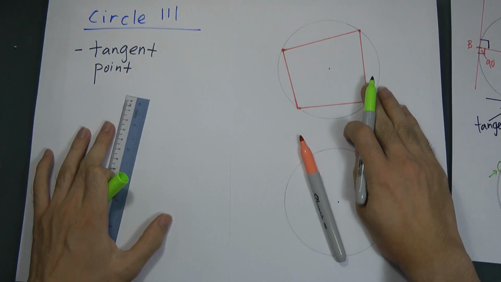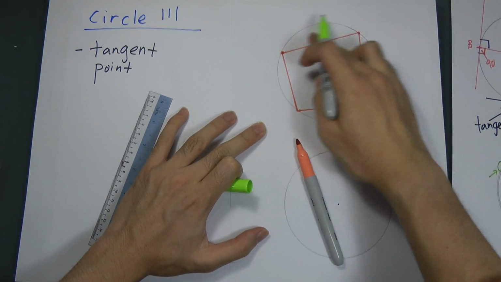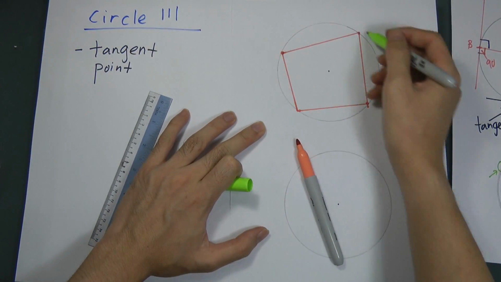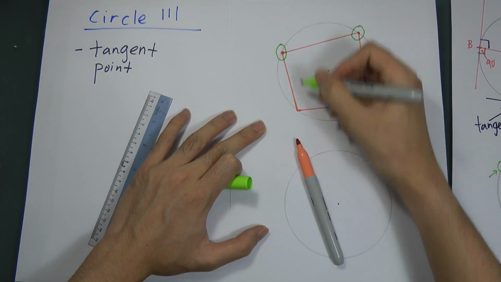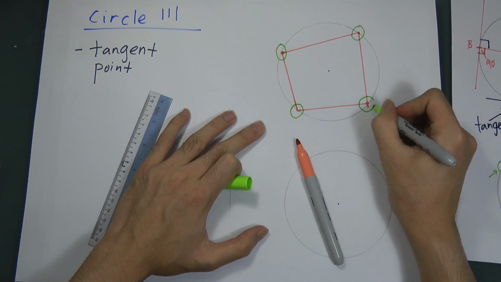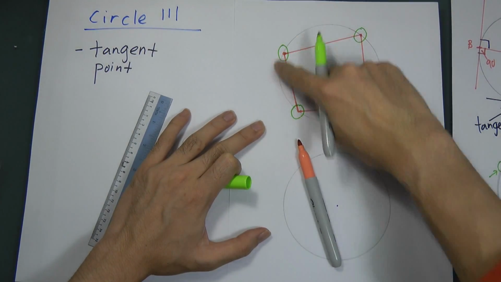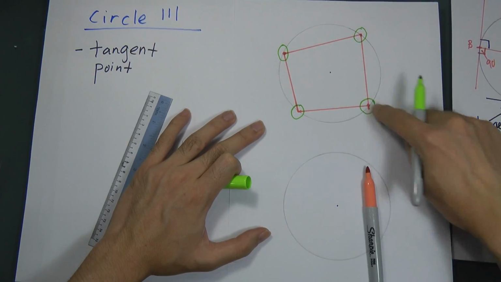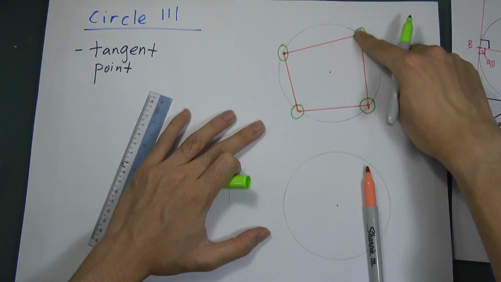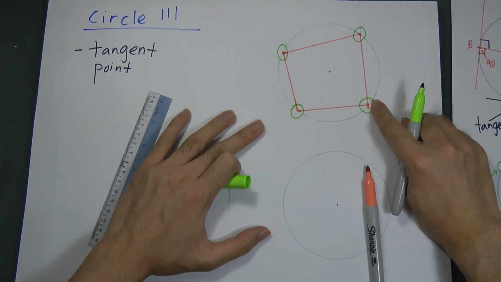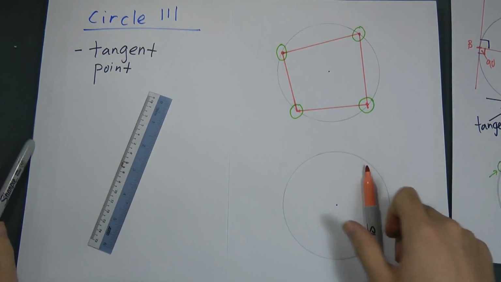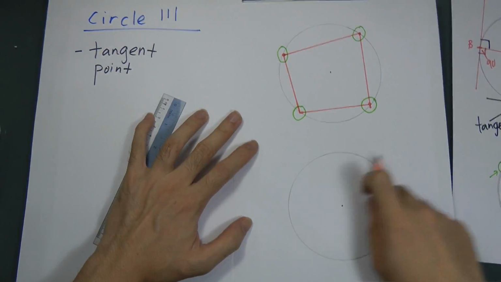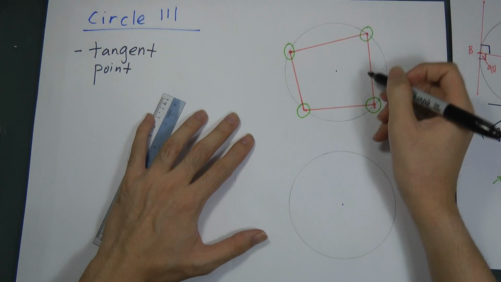In order to apply this law, one very important thing is that the quadrilateral must be inside the circle, and all 4 points must touch the circle, must be on the circle. If this happens, then you can apply this rule.